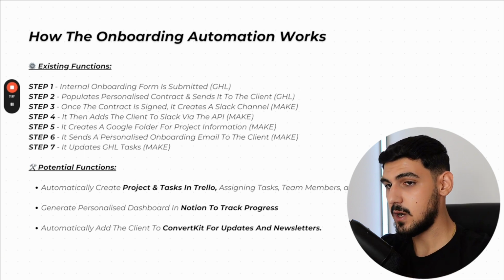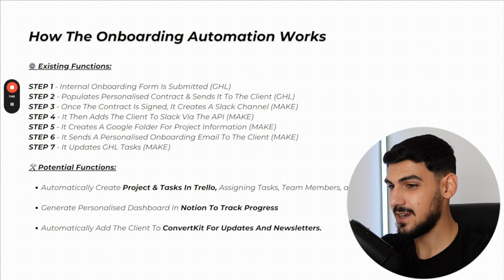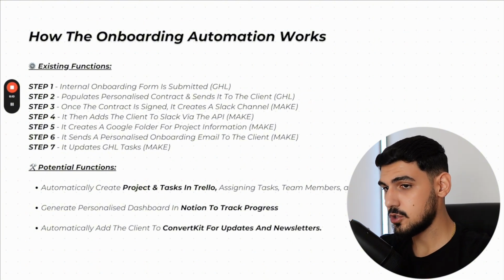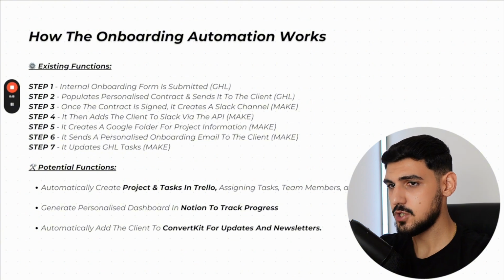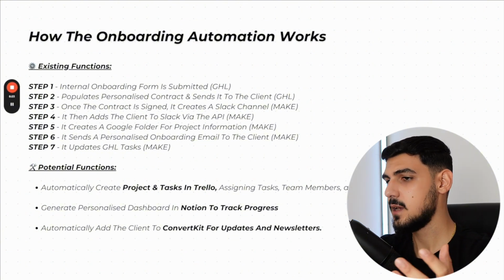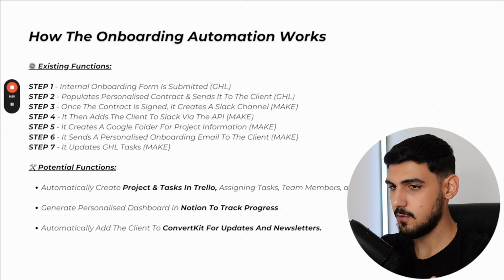Then you can also add a feature where it generates a personalized dashboard for your client in Notion so they can track their progress on that project. Or you can automatically add the client to ConvertKit or Beehiiv, where you can send them updates and newsletters. I mean, there are a lot of things that you can add to it. I'm just going to cover the basic ones and the structure that I set for my own agency. And then if you want to add more things to it, feel free to do it.